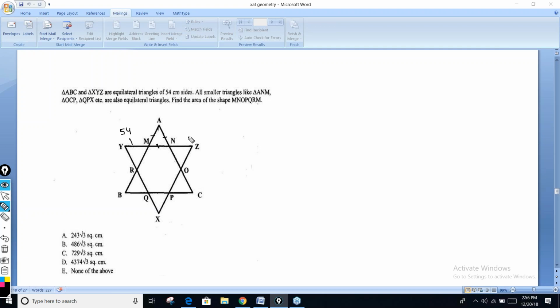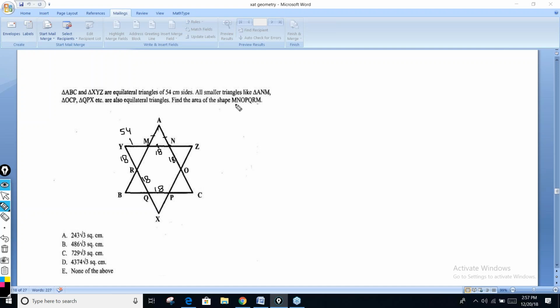This is possible when the figure is in symmetry. And if the figure is in symmetry, it means these points M and N are basically trisecting the bigger side. So the side of the smaller triangle has to be 18. So all these sides have to be 18, 18, 18. Right? This is only possible.